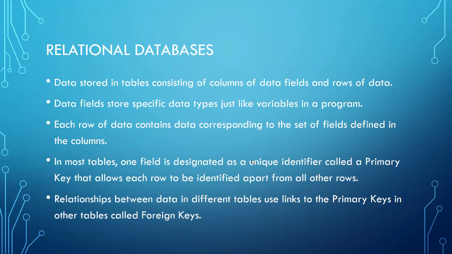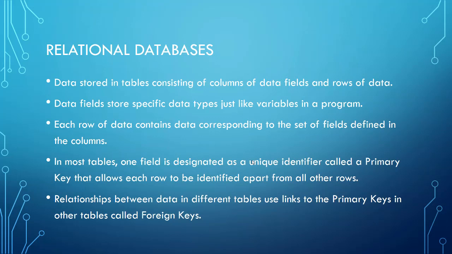That primary key allows each row to be identified apart from all other rows, so that in searches or in sorting, we are able to identify that single row from all other rows. Relationships between the data in different tables use links to those primary keys, and we call those foreign keys.